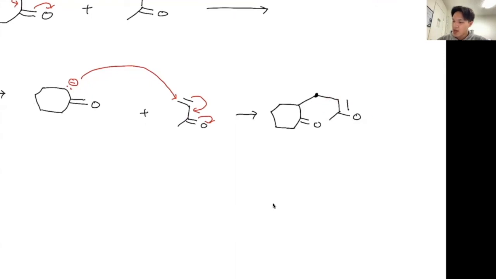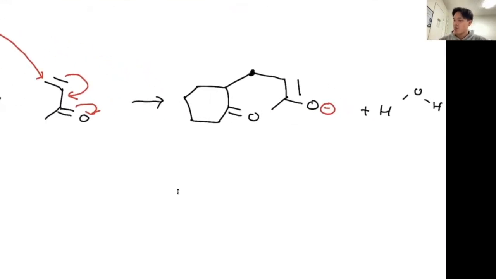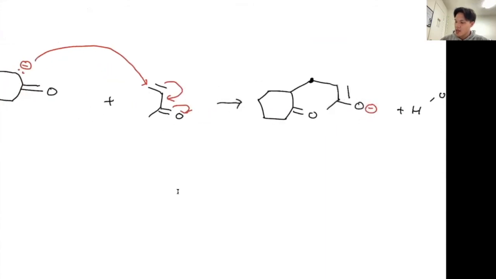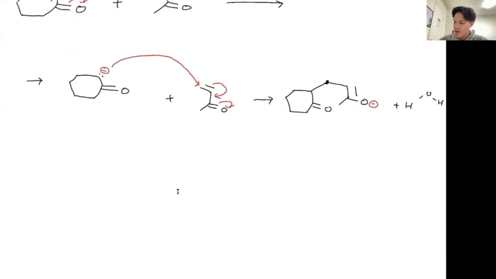And then now this is a negative over here. And then we have our water group, which will deprotonate that. Oh, actually, no. Oh, yeah, we still have our water. And then now, this is the keto-enol equilibrium, right? And let me show that a little bit better.